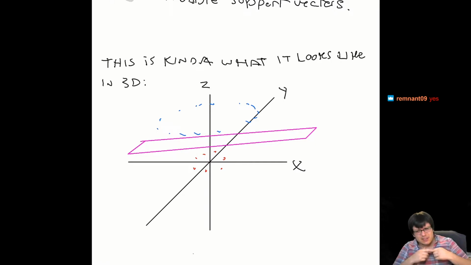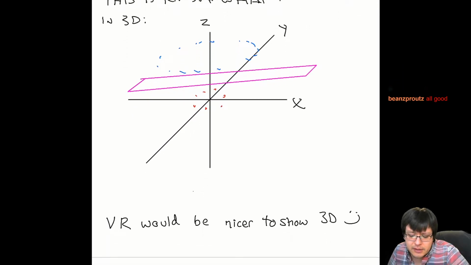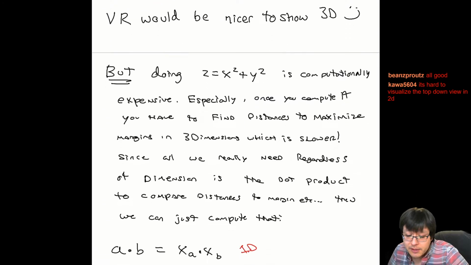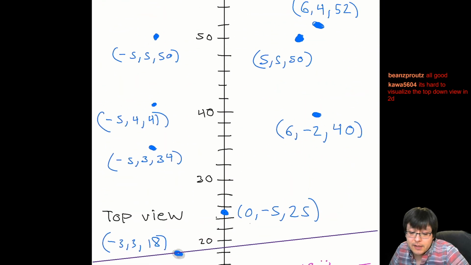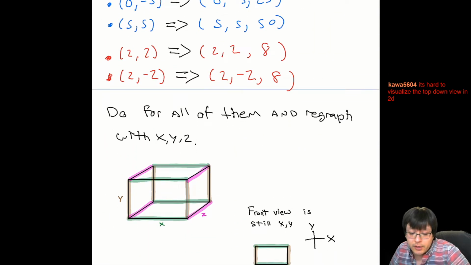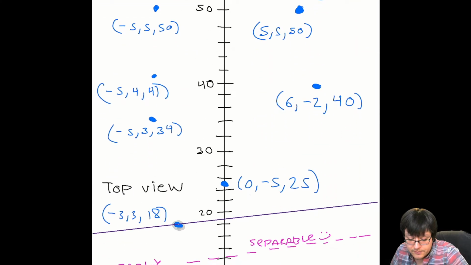Okay, let's take this a step further. If you remember last time, I was talking a little bit, and I do say VR would have been nicer, that there is a computational thing. It's hard to visualize a top-down view in 2D, which is why I tried to draw this square, and really we are looking at this here, and that's what this looks like there.